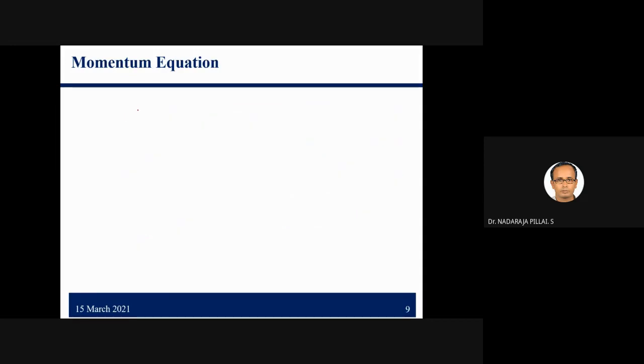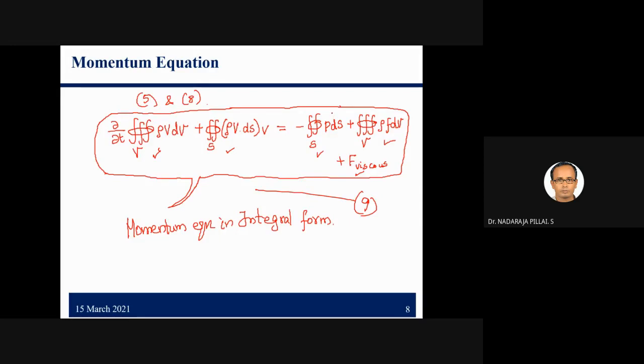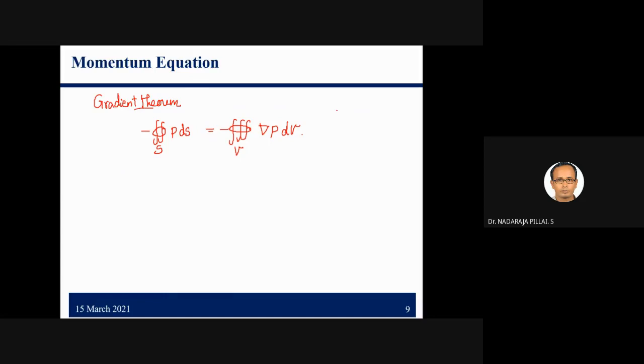Now, we can write from the gradient theorem, double integral over S P into ds as minus of triple integral over volume V del P dV. So this equation we have converted into the triple integral form. Let us say this equation is 10.